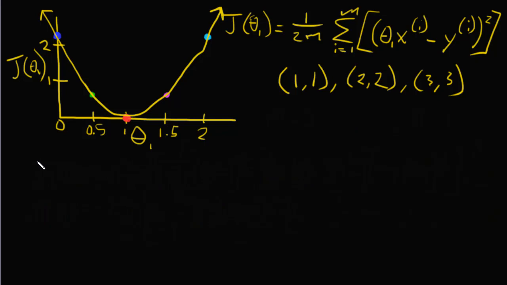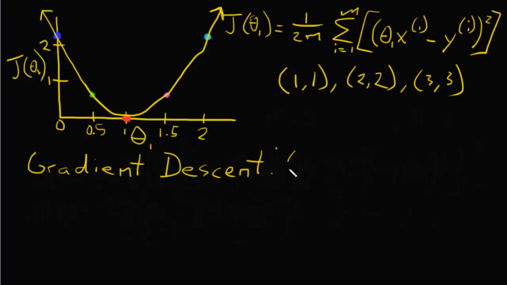Okay, so the algorithm that we're going to be using is very famous in machine learning. It's called gradient descent. And it is as follows.